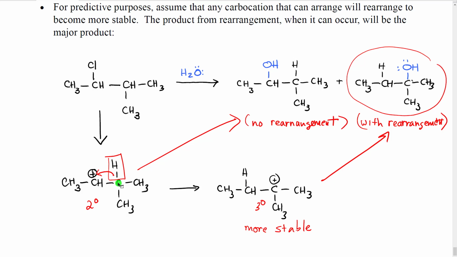Instead, this atom, which is a tertiary carbon, would be the carbocation. So this carbocation here would be more stable than our initially formed carbocation. That's the incentive for rearranging. If, however, we form this tertiary carbocation, then the nucleophile would react right there on the tertiary carbon, and we would get this product.